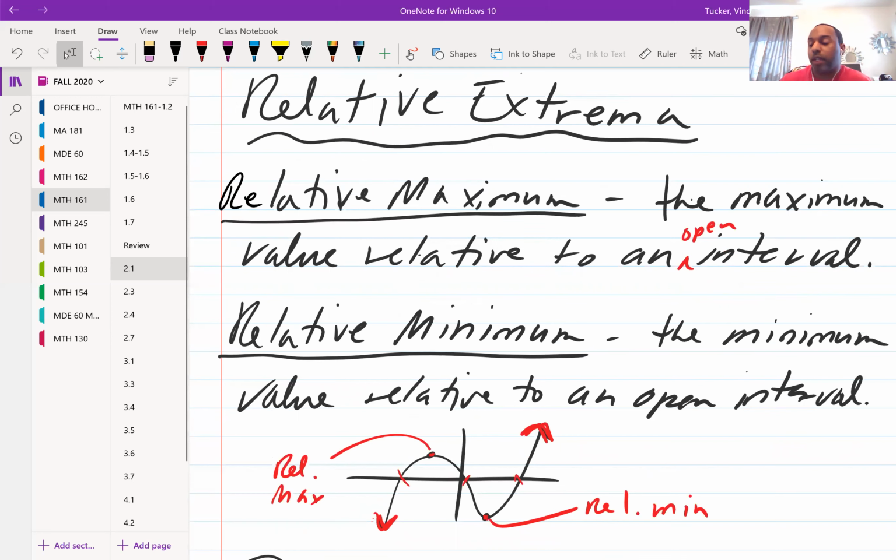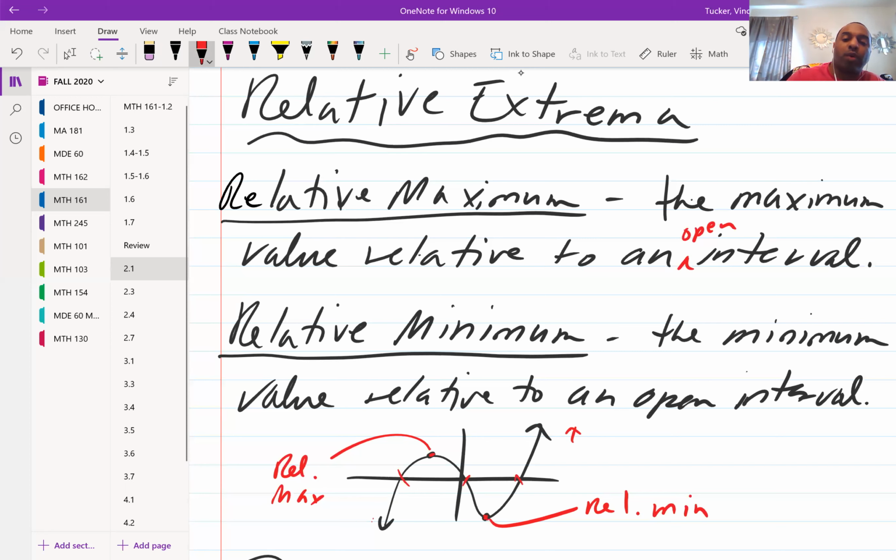The reason we say in an interval is because notice that this graph goes up to positive infinity, and it goes down to negative infinity. So there's no real legitimate maximum or minimum, because it continues to go up to infinity and down to infinity.